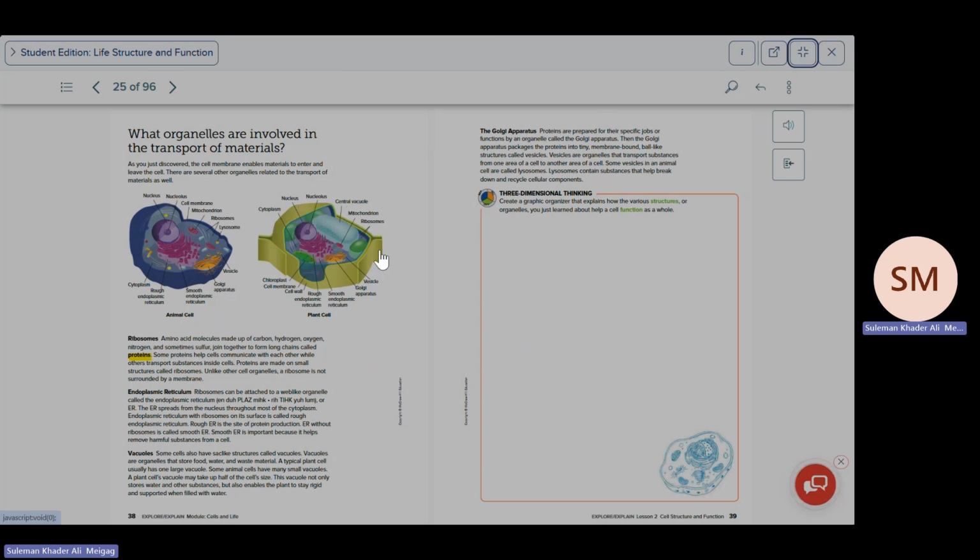This is the cell wall surrounding. This is the cell wall. Here it is pointed to there, cell wall. ما في cell wall in the حيوان خلية. So there are some things the same and there are some things different in the organelles. Okay, so you need to do your research about حيوان خلية and the nabat خلية.